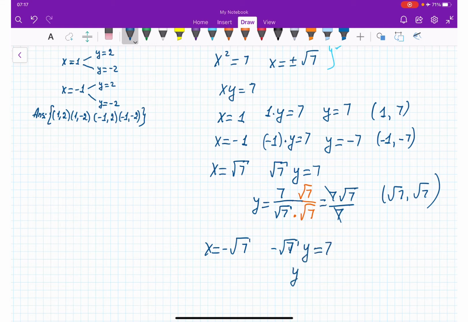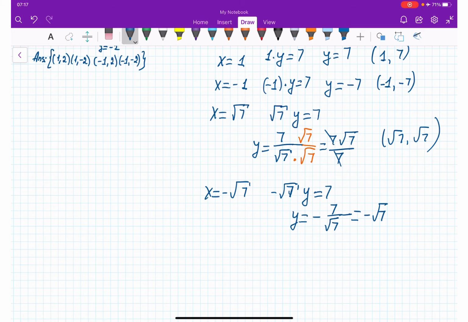And y is equal to negative 7 over square root of 7, which is going to be negative square root of 7, yes? After the same changes, it's just going to be negative square root of 7. And the answer is going to be negative square root of 7, negative square root of 7.